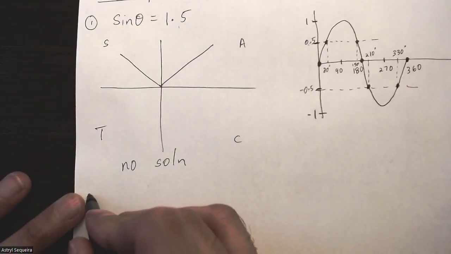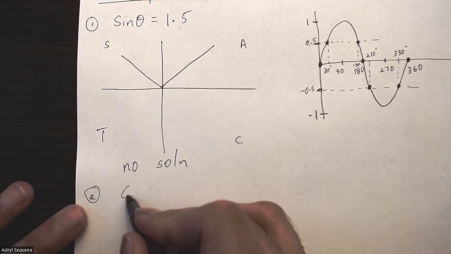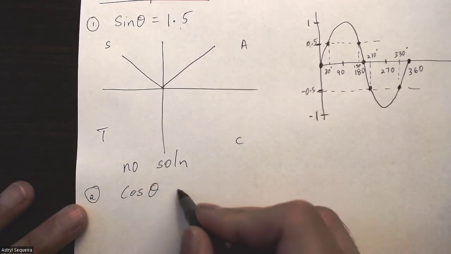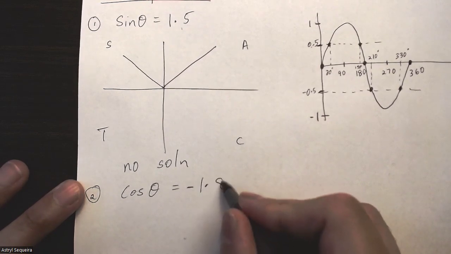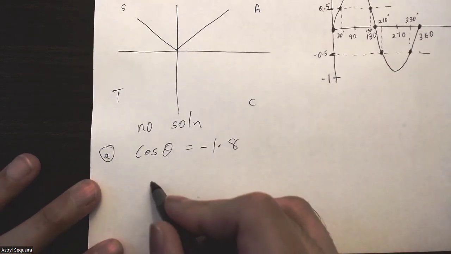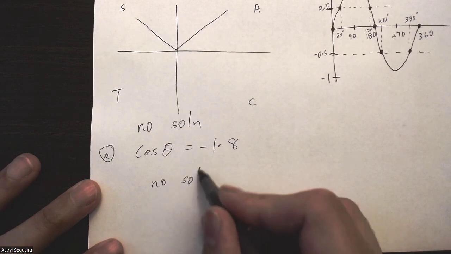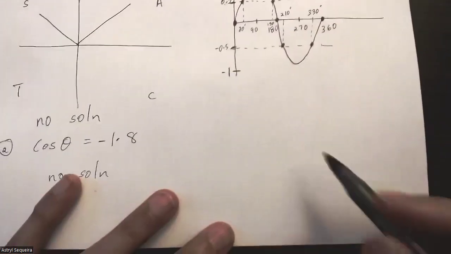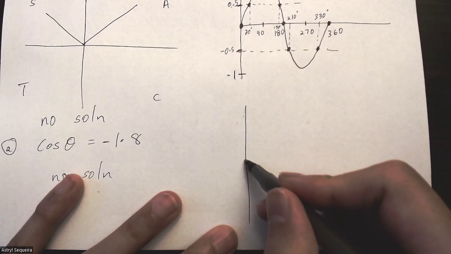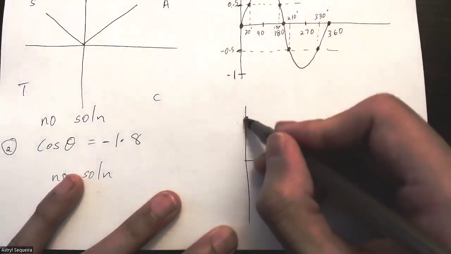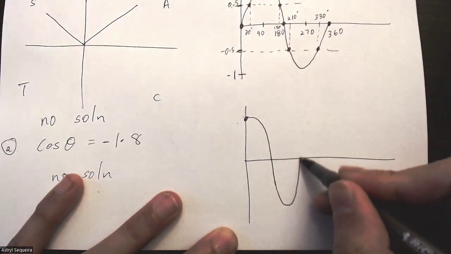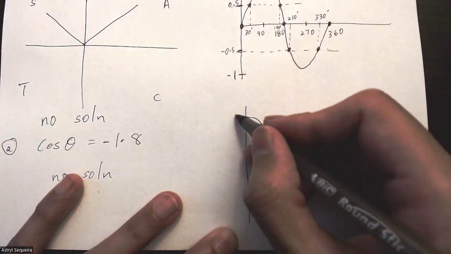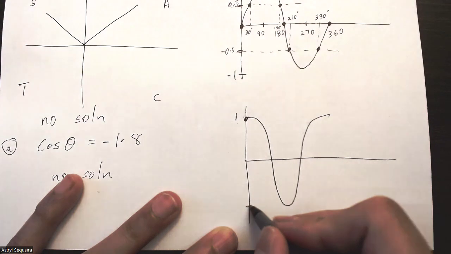I'll give you another example. If I have cos theta equals -1.8, again, I can instantly state no solution because similar to a sine graph, a cos graph alternates between +1 and -1.